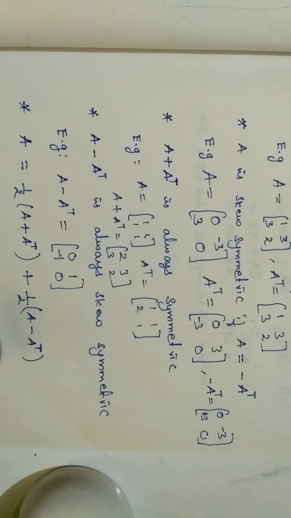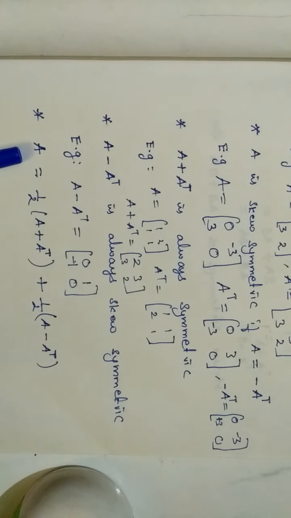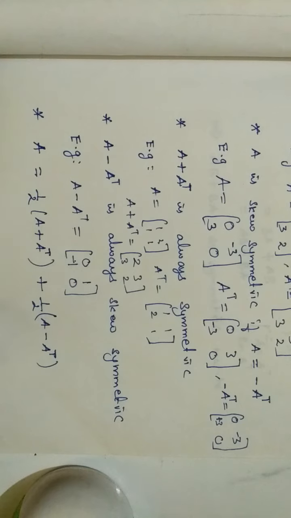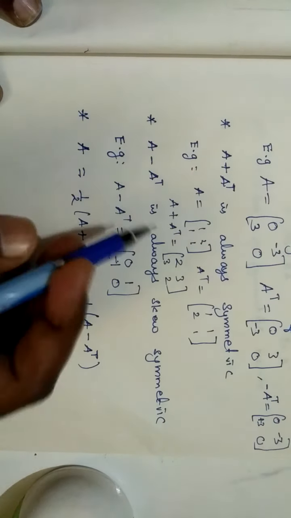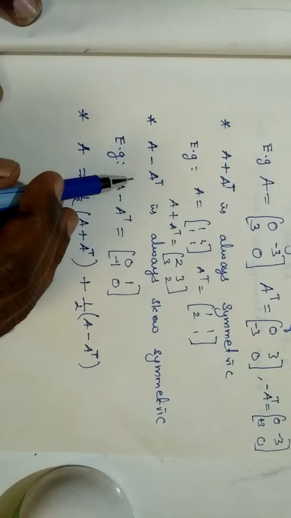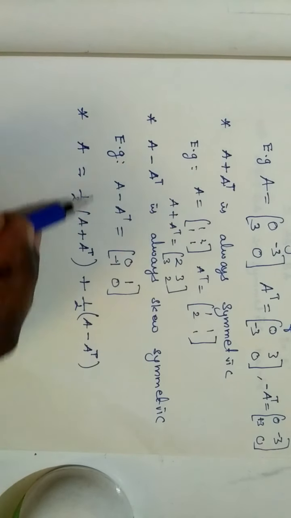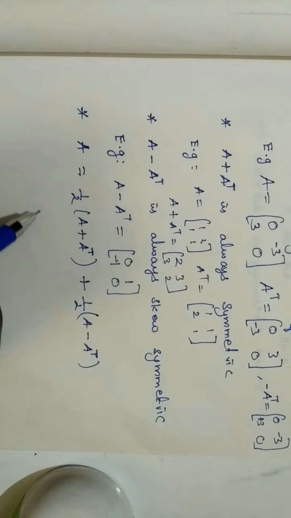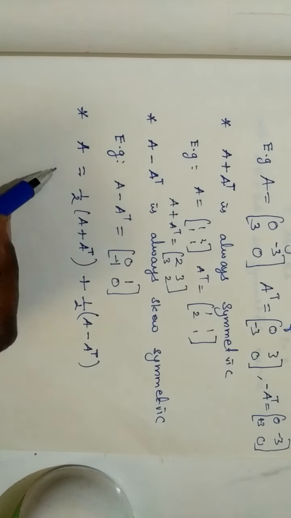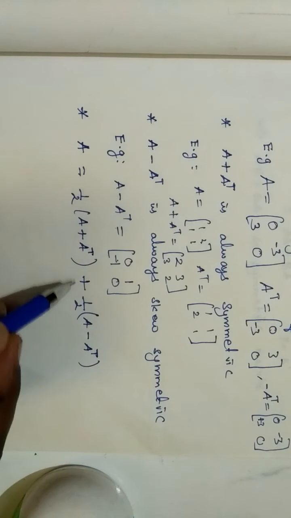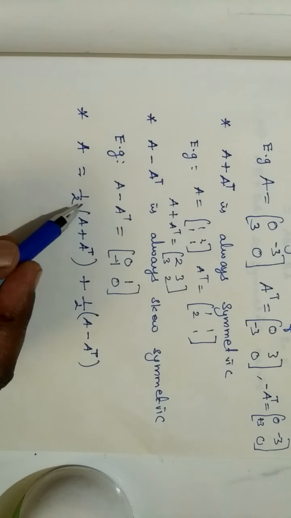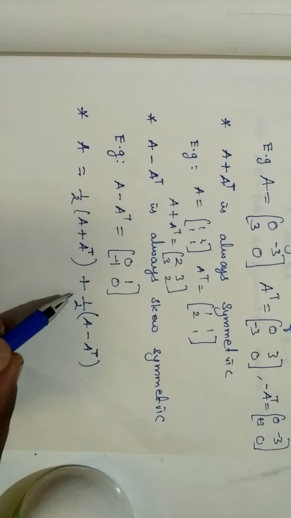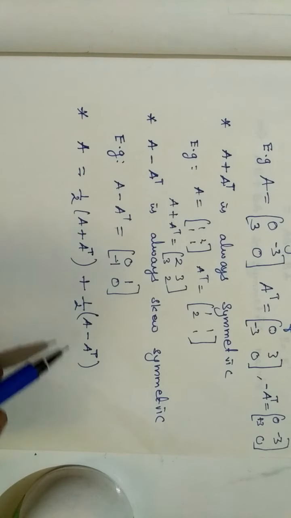Okay, another proof. We have seen that A minus A transpose is always skew symmetric. Next we are going to see about this one: matrix A can always be written as half of A plus A transpose plus half of A minus A transpose.